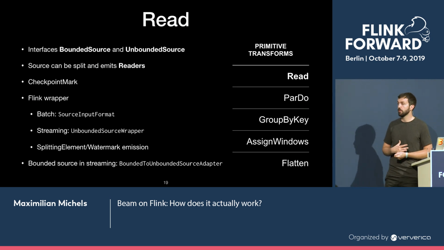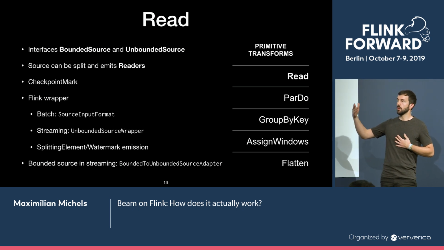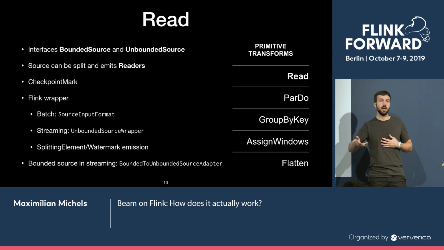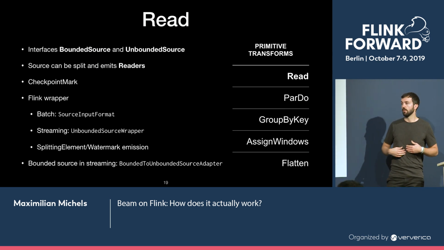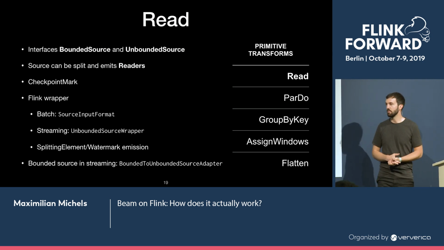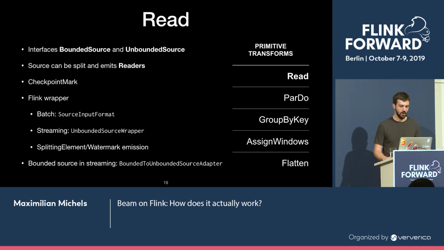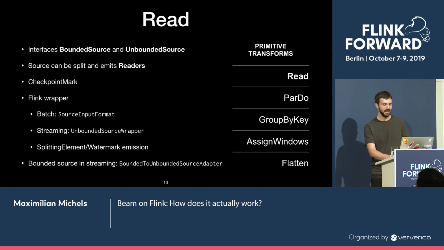And also we have some special adapters because the unbounded sources are used in streaming, they can't be used in batch, right? So we also have a way, in a streaming pipeline, to read bounded data, because that's a different interface. So we have this fancy bounded to unbounded source adapter, which really proves also how great names you can create when you use Java.